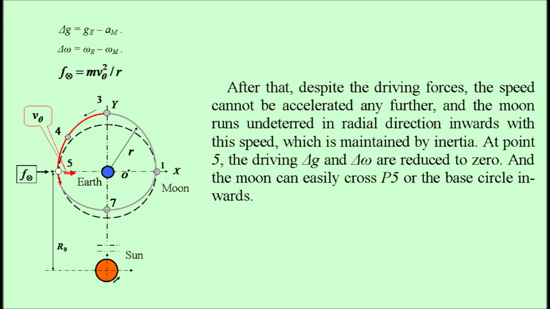After that, despite the driving forces, the speed cannot be accelerated any further, and the Moon runs undeterred in the radial direction inwards with this speed, which is maintained by inertia. At point 5, the driving delta g and delta omega are reduced to 0, and the Moon can easily cross P5, the base circle, inwards.